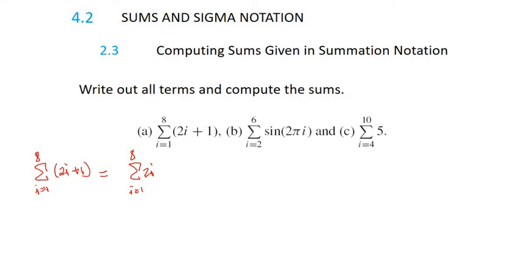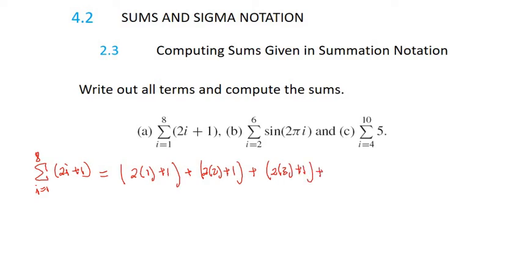What I'm going to do is write it out like this: 2 times 1 plus 1, plus 2 times 2 plus 1, plus 2 times 3 plus 1, plus 2 times 4 plus 1, plus 2 times 5 plus 1, plus 2 times 6 plus 1, plus 2 times 7 plus 1, plus 2 times 8 plus 1.